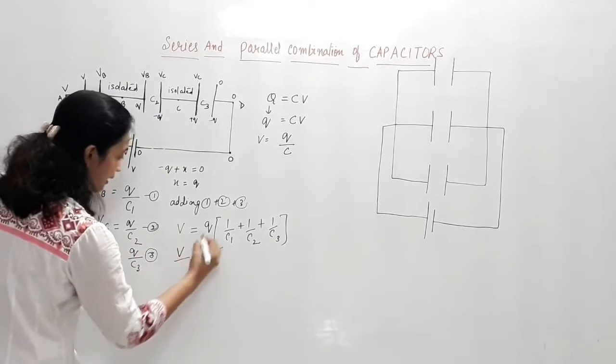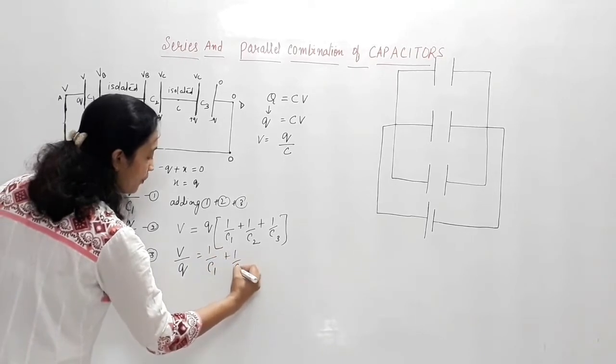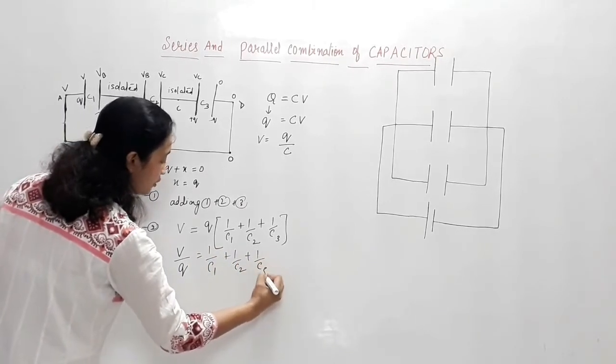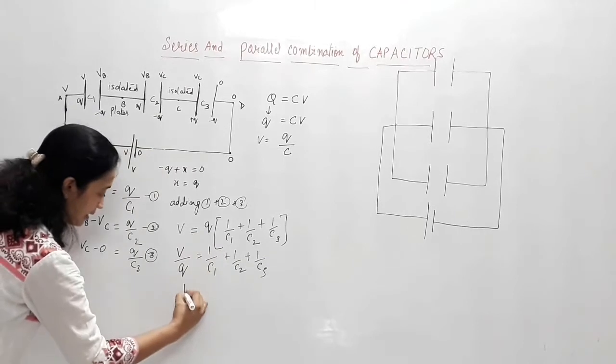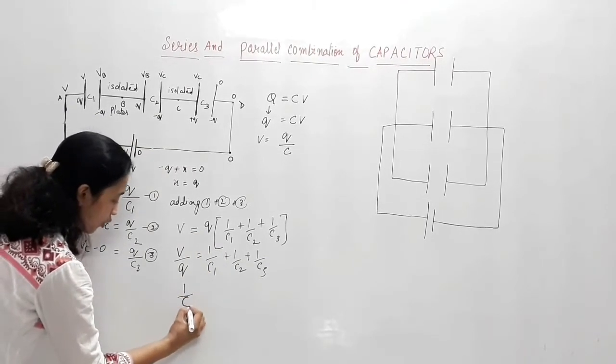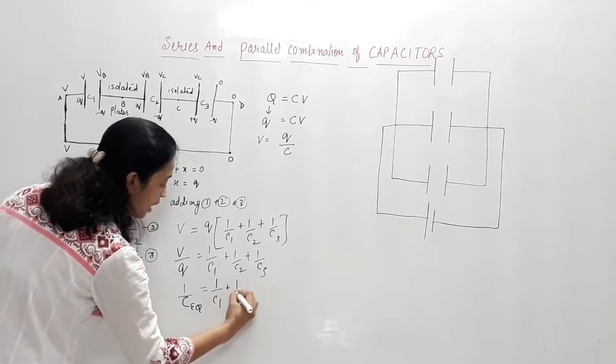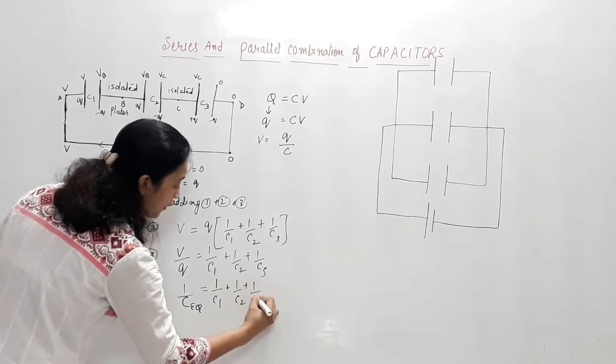I will write it like this: Q times 1 upon C1 plus 1 upon C2 plus 1 upon C3. If I put it like this, I get 1 by C equivalent is equal to 1 by C1 plus 1 by C2 plus 1 by C3.